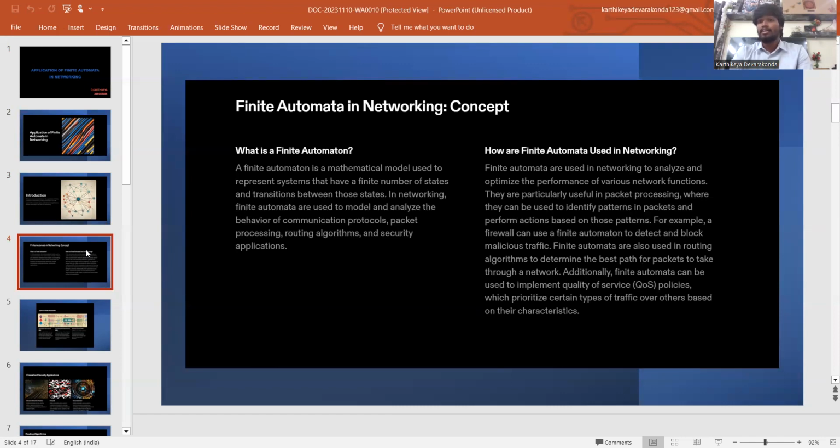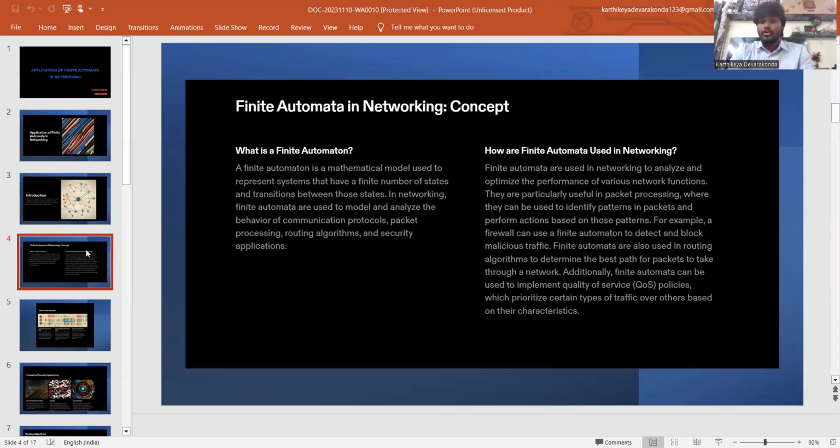Now, how are finite automata used in networking? Finite automata are used in networking to analyze and optimize the performance of various network functions. They are particularly useful in packet processing, where they can be used to identify patterns in packets and perform actions based on those patterns. For example, a firewall can use a finite automaton to detect and block traffic.